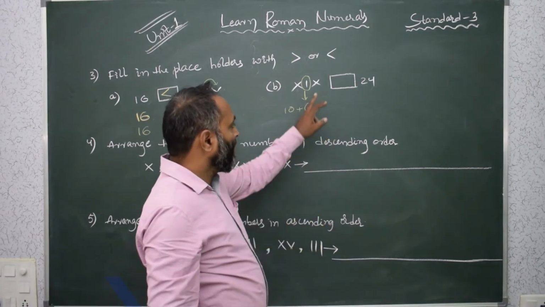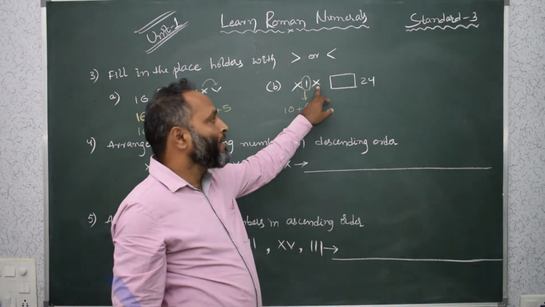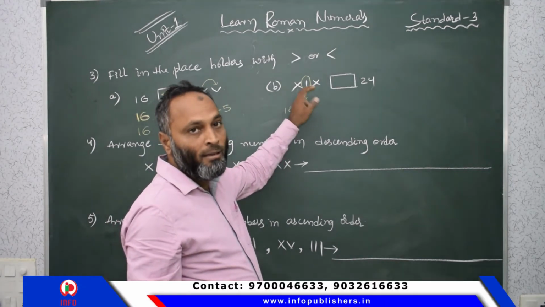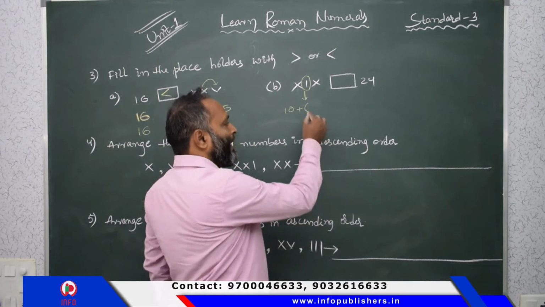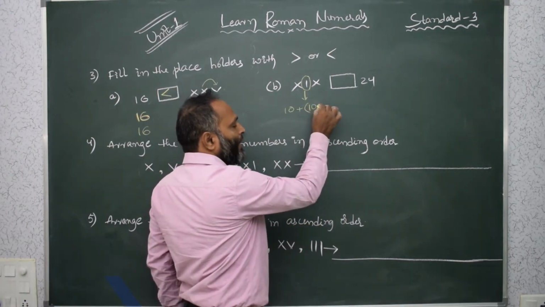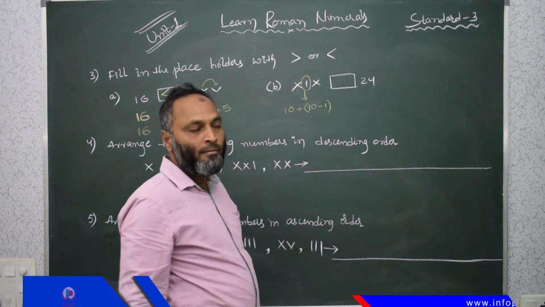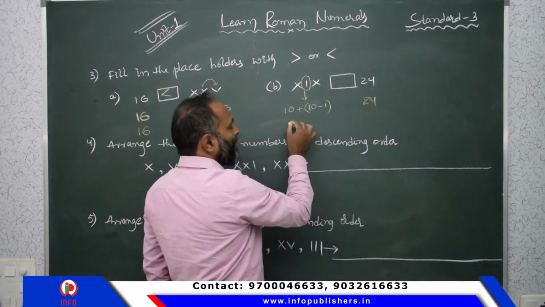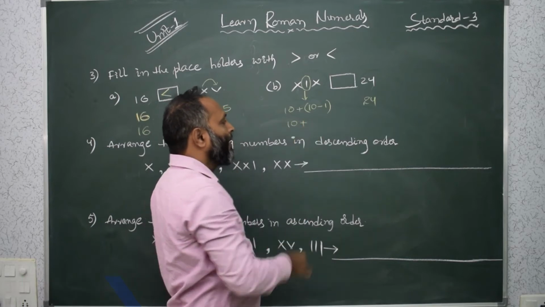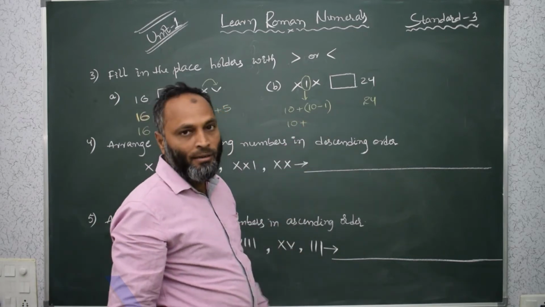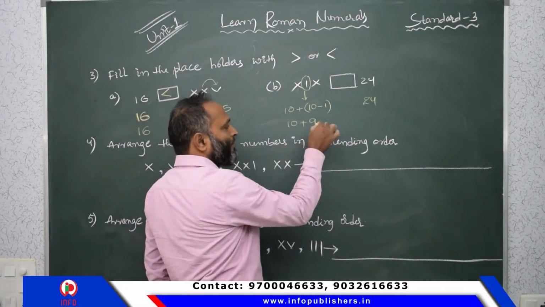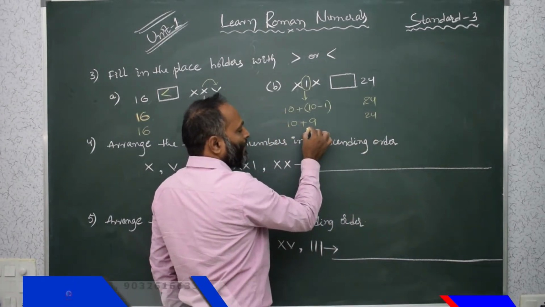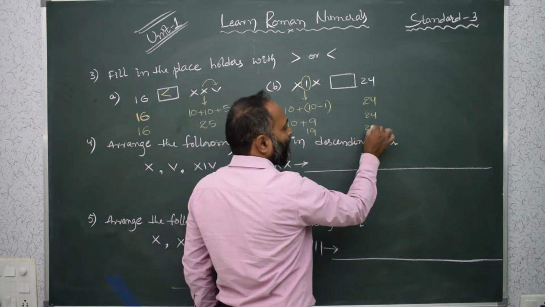After that another bigger Roman numeral is there, and for this bigger Roman numeral the smaller Roman numeral is on the left side, so we make minus: 10 minus 1. Then this 24 as it is. 10 plus 10 minus 1. 10 minus 1 is 9. This 24 same. 10 plus 9 is 19, and 24.